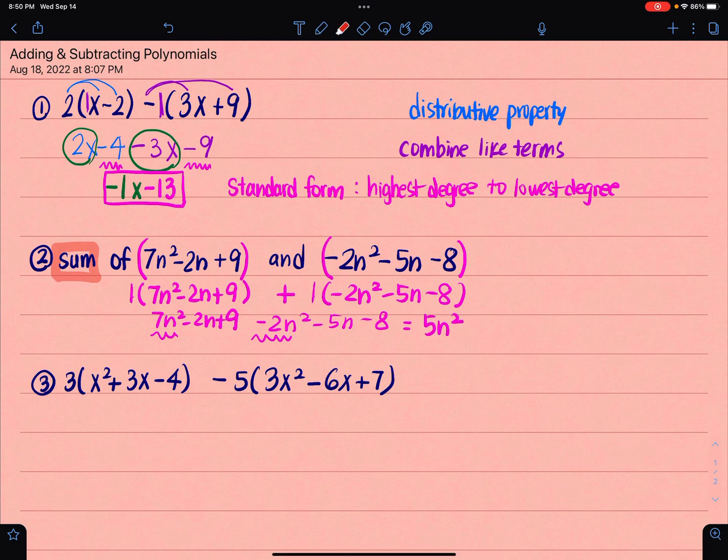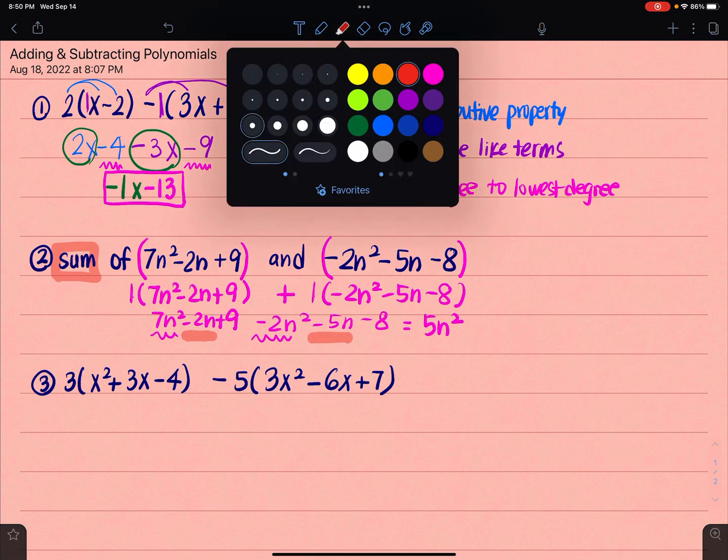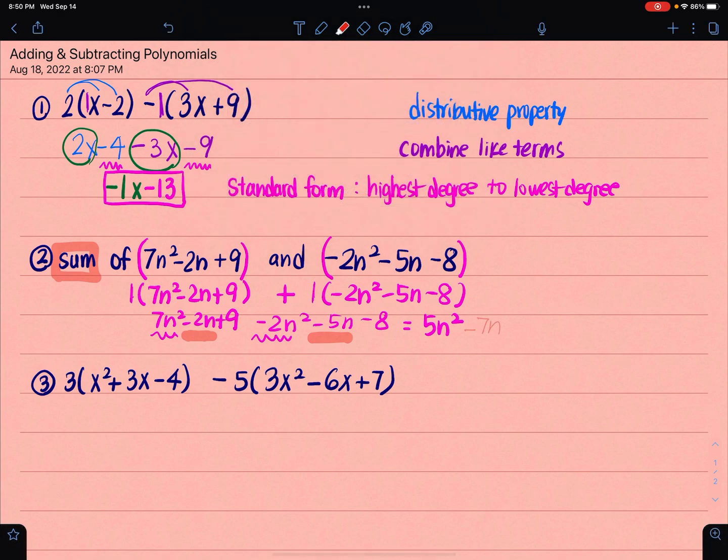The next like terms we have is negative 2n minus 5n, which is negative 7n. Now we have positive 9 minus 8, which is positive 1.